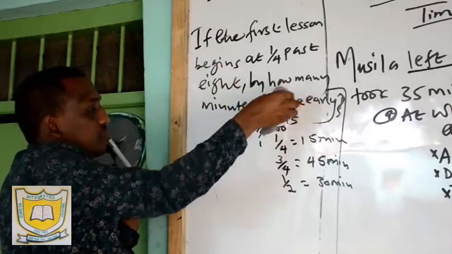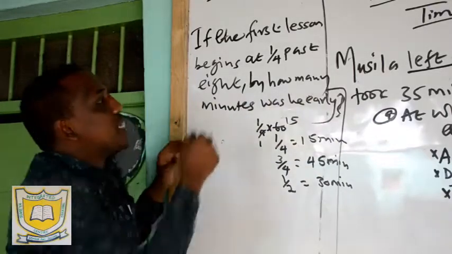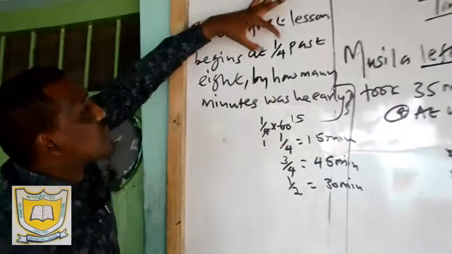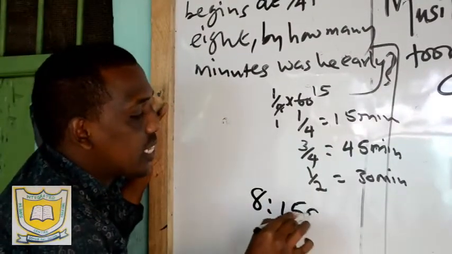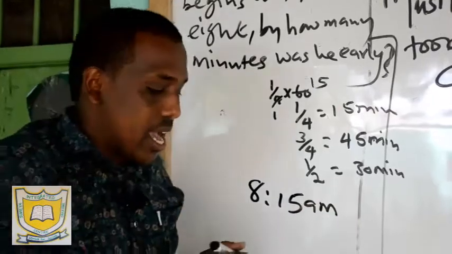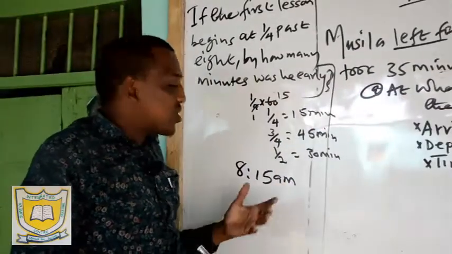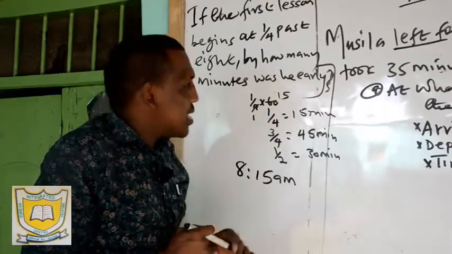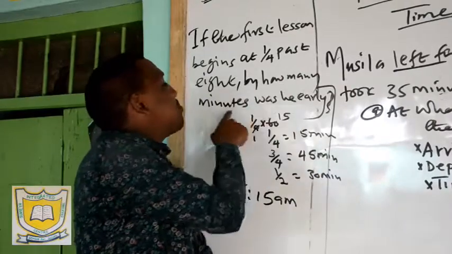Now, they say the lessons begin at 8:15, and this person, according to question A, reached the school at 8:10 a.m. Then it means he was early. They are asking how many minutes was he early.